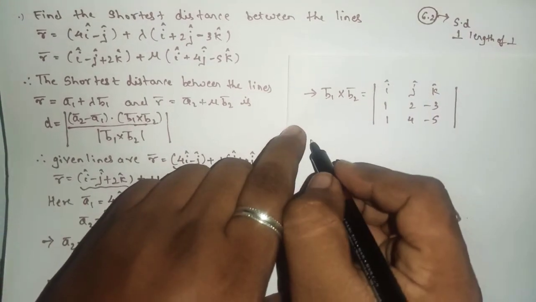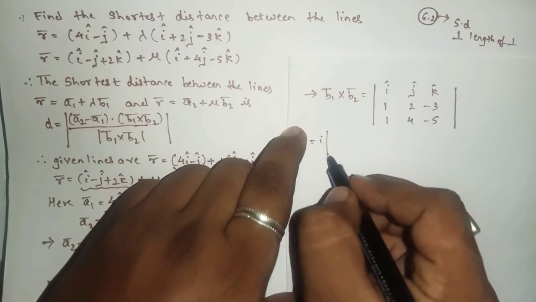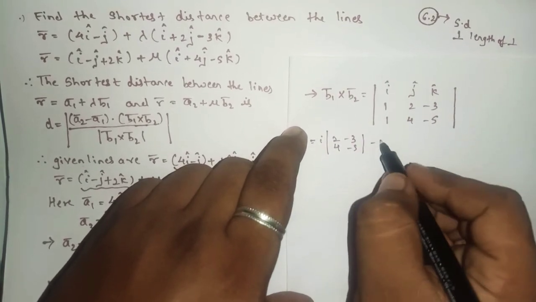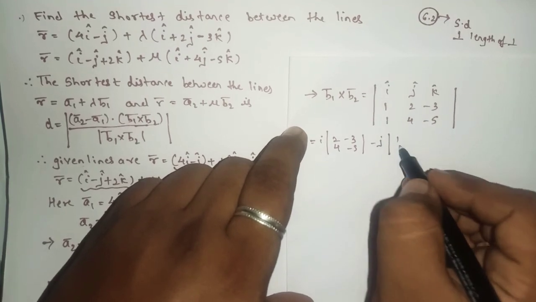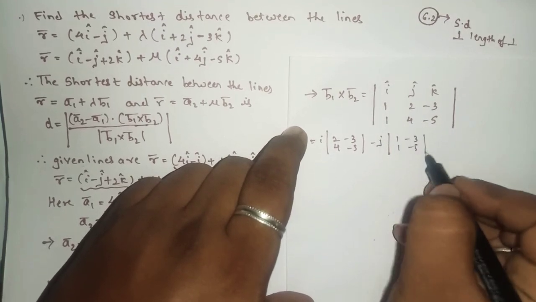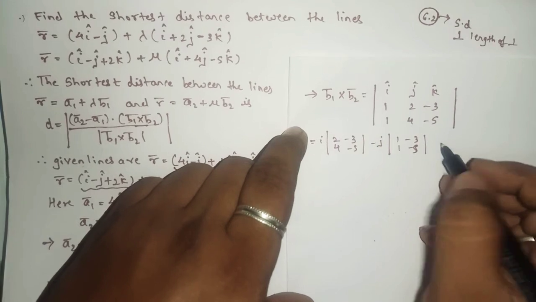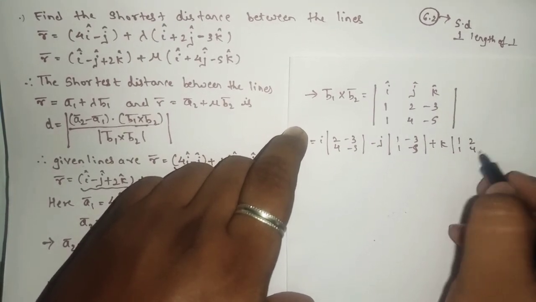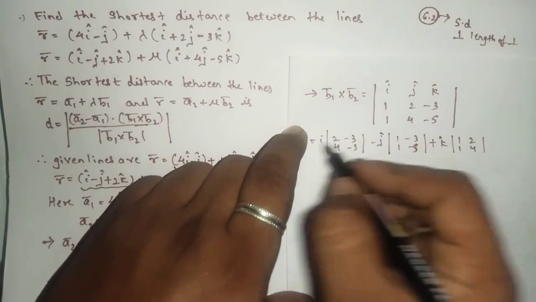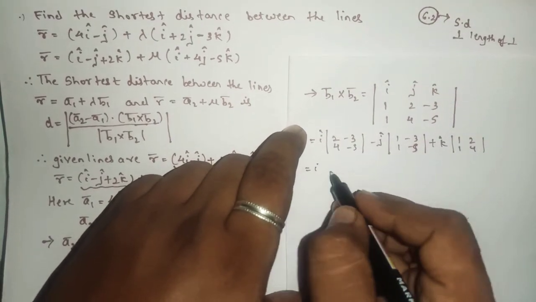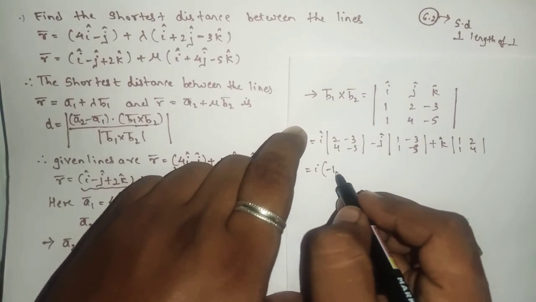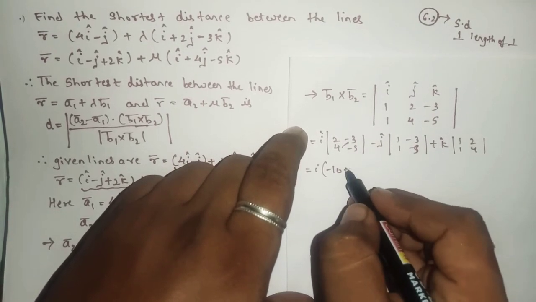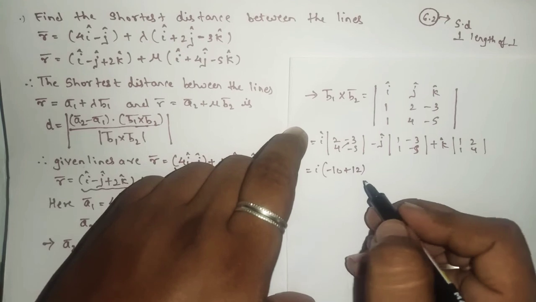Okay, so after that: i times (2 into minus 5 minus minus 3 into 4), minus j times (1 into minus 5 minus minus 3 into 1), plus k times (1 into 4 minus 2 into 1). For i, this will be minus 10, and here we have the opposite sign, so plus 12.